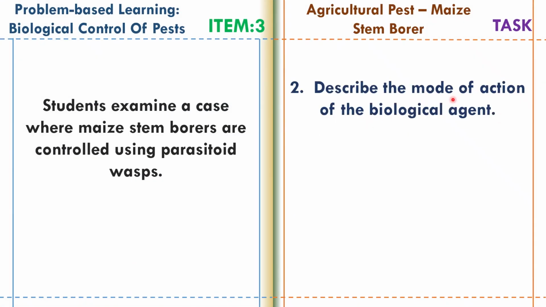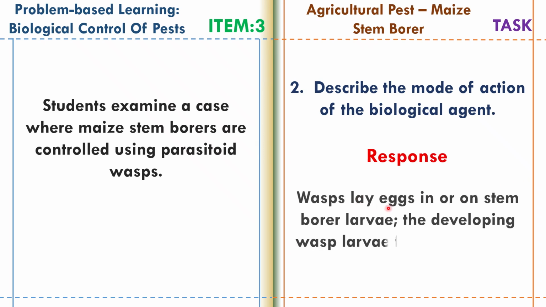Describe the mode of action of the biological agent. Wasps lay eggs in or on stem borer larvae, and developing wasp larvae feed on the pest, killing it.